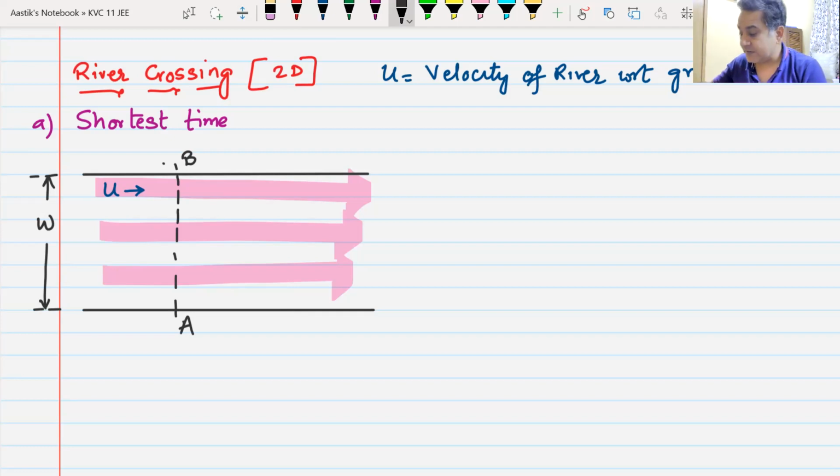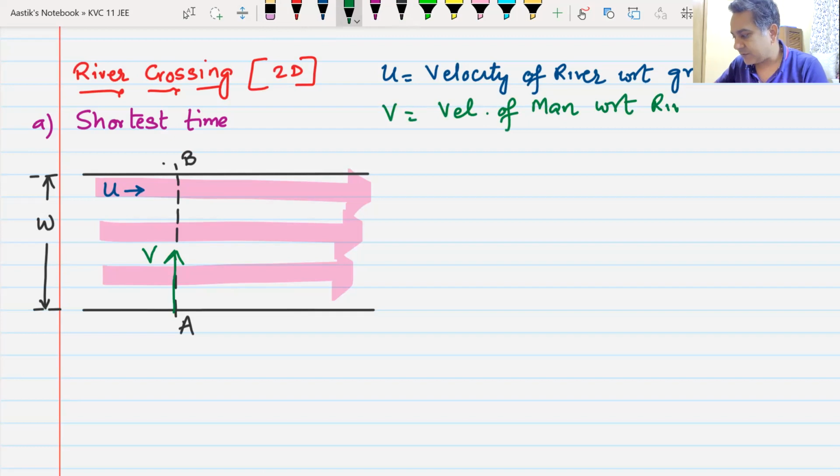No, that is not correct. He should swim in a direction which is perpendicular to the river. So he should swim like this. This velocity v would be given to you, and this velocity v will be the velocity of man or boat. This will be the velocity of man with respect to what?